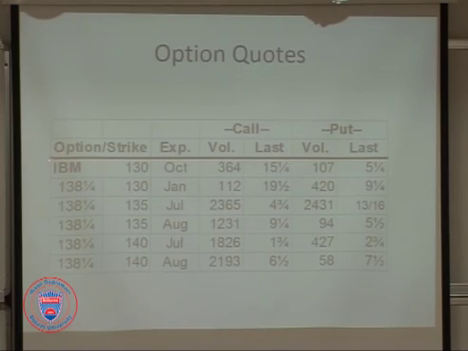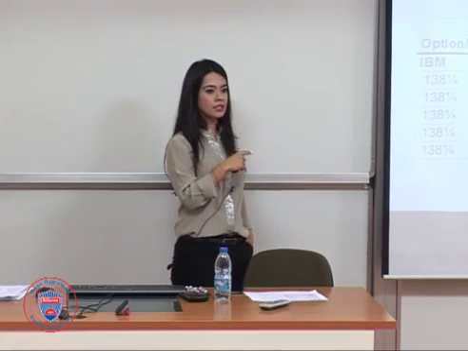Okay, let's see how to interpret option codes. Here, these are the options for IBM. This is the price of IBM stock at that date. These are the strike prices, the exercise prices on the options. And these are the expirations: October, January, July. So there are different options with different strike prices and different expiration dates. Volume is the number of options actively traded on that particular day.